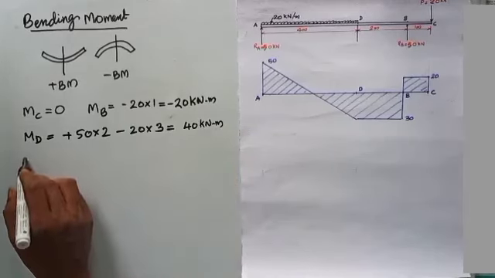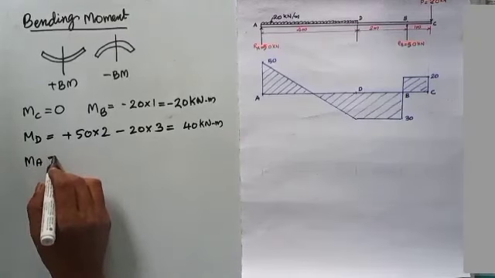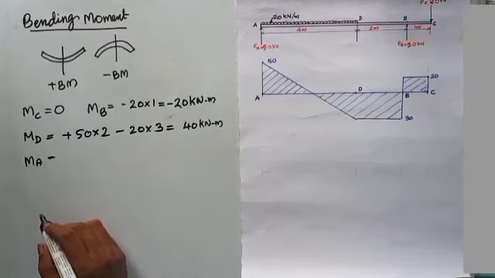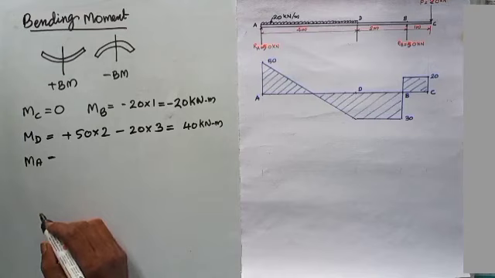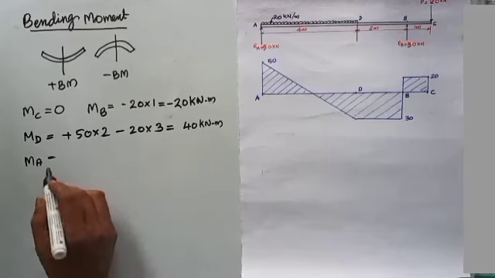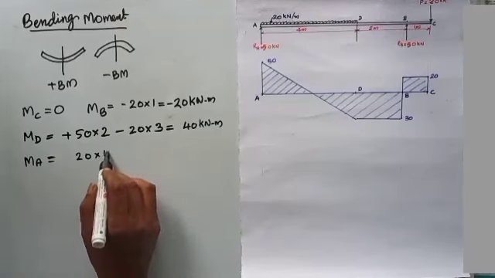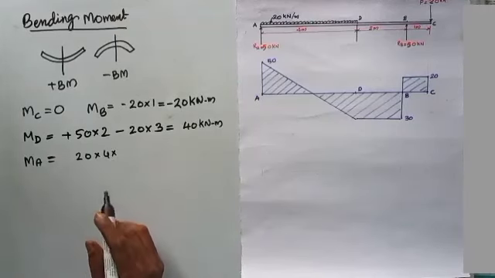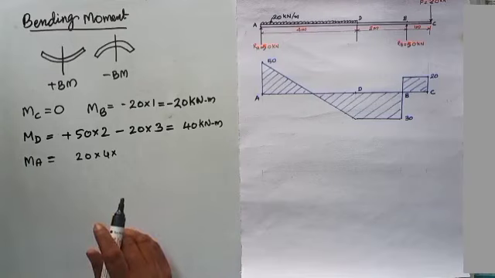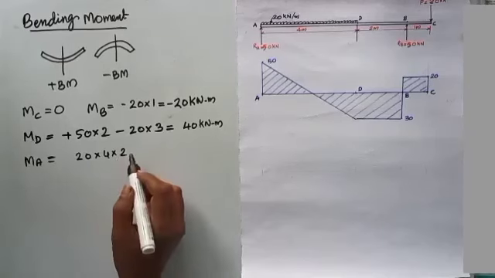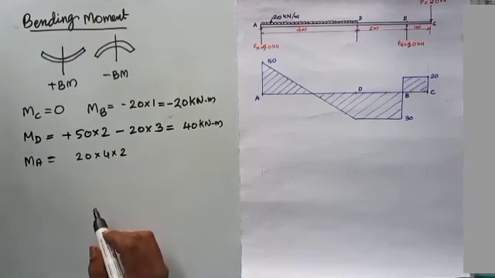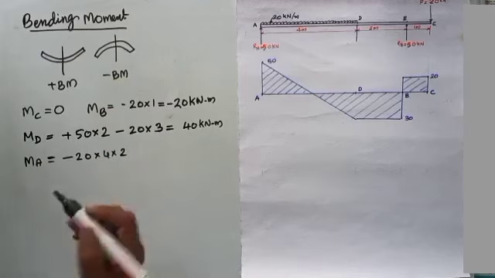Next is bending moment at A, which is equal to the bending moment due to UDL, meaning total load into distance. This will be equal to 20 into 4 into distance to the center of that span, so it will be 2 meter. The load is acting right side of the section downwards, so it will be negative.